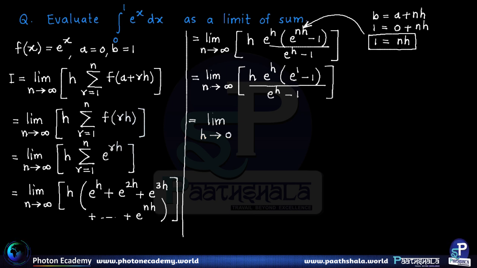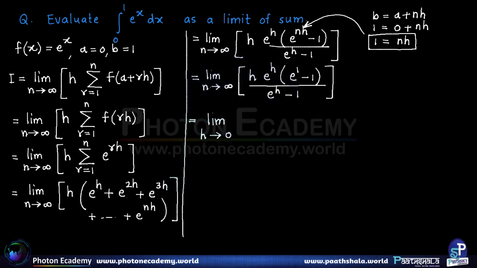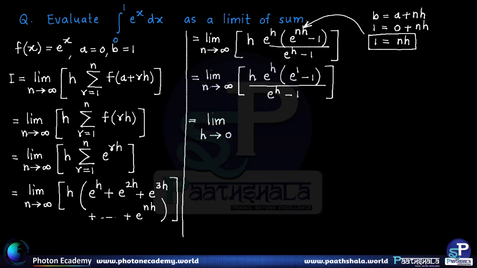Because if you recollect the original process of finding out this limit as a sum, as the number of rectangles increase, that is n increases and tends to infinity, the h, which is nothing but the width of each rectangle, must eventually tend to 0. So therefore limit as n tends to infinity is effectively same as limit as h tends to 0, okay?